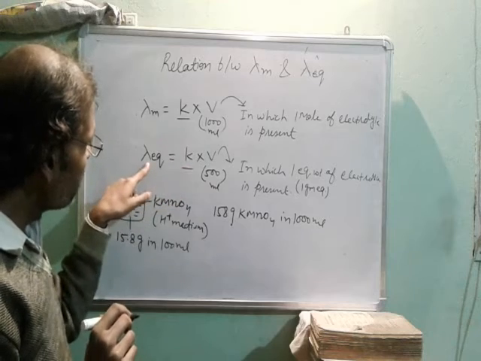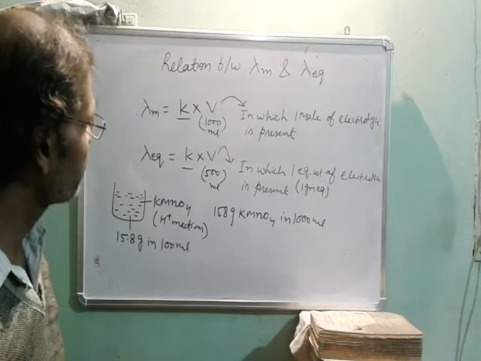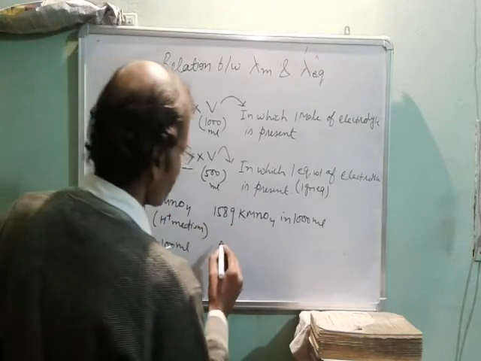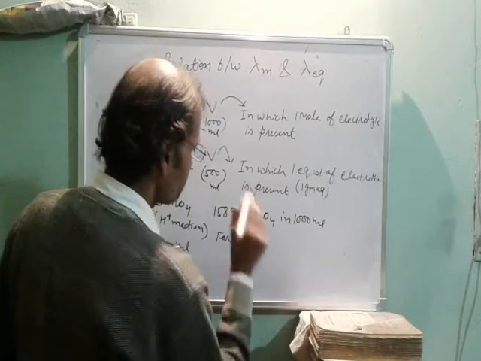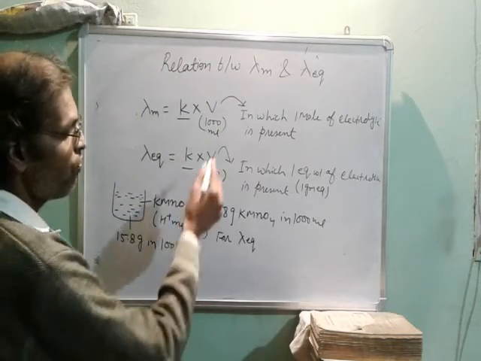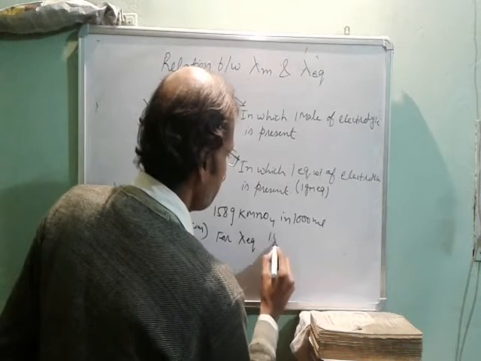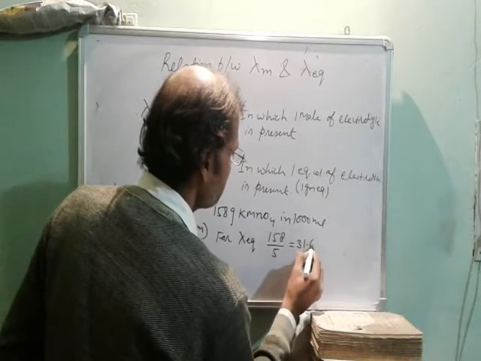Now for lambda EQ we need to find the value of V, and it will be 158 by 5, which is equal to 31.6 gram.